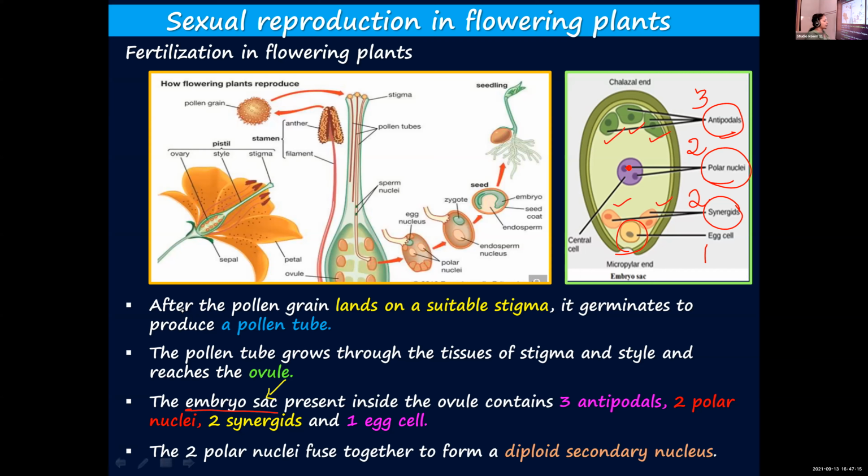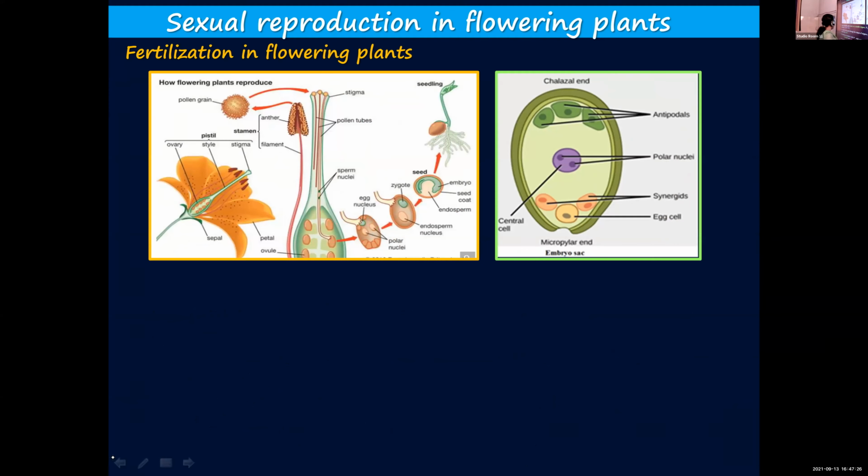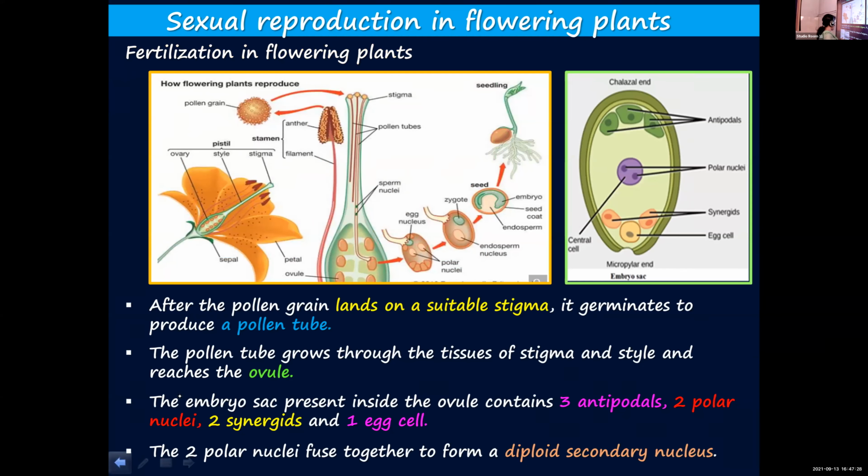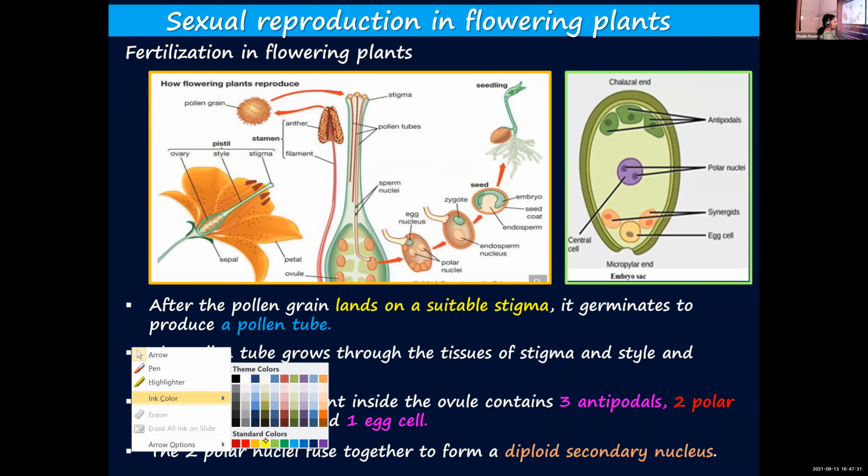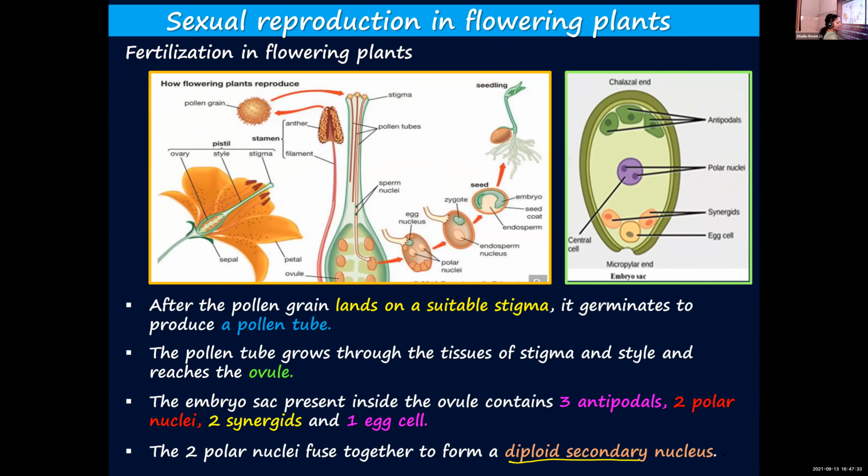In the center, you can see 2 polar nuclei. They will fuse. And what do they form? A diploid secondary nucleus. Diploid and haploid, already I told you what is meant by that. What is meant by diploid? Anybody remembering haploid, diploid?